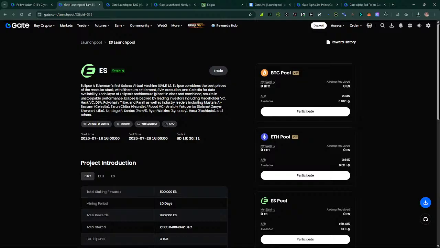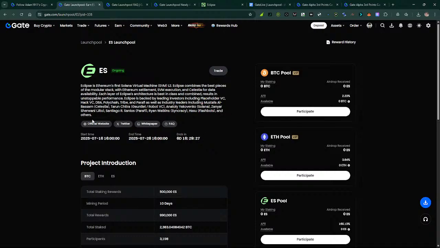Each layer of Eclipse architecture is best in class and backed by leading investors, including Placeholder VC, Hack VC, DBA, Polychain, Tribe, and Parafi, as well as industry leaders, including Mustafa Al-Bassam, and Anatoly Yakovenko from Solana.